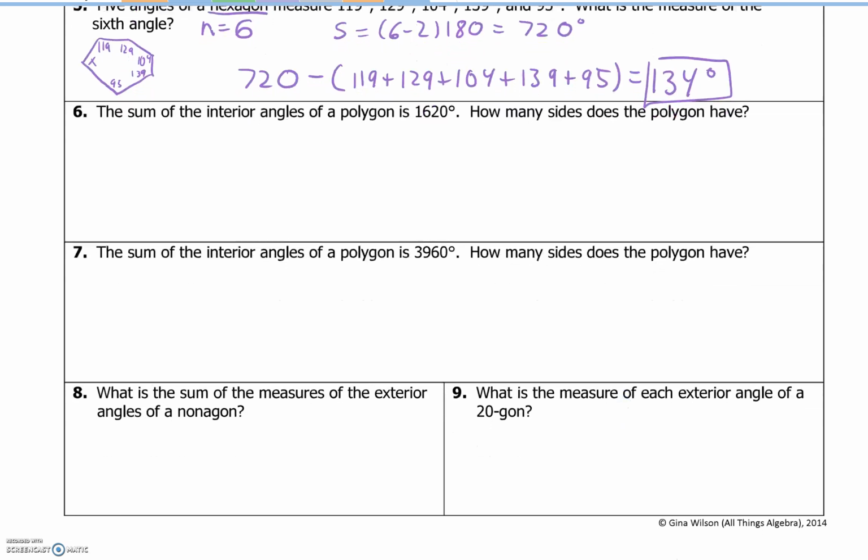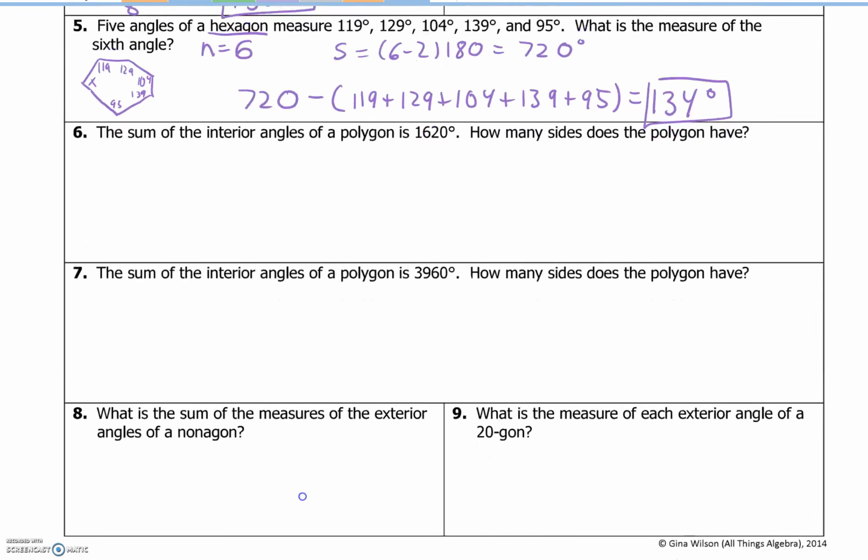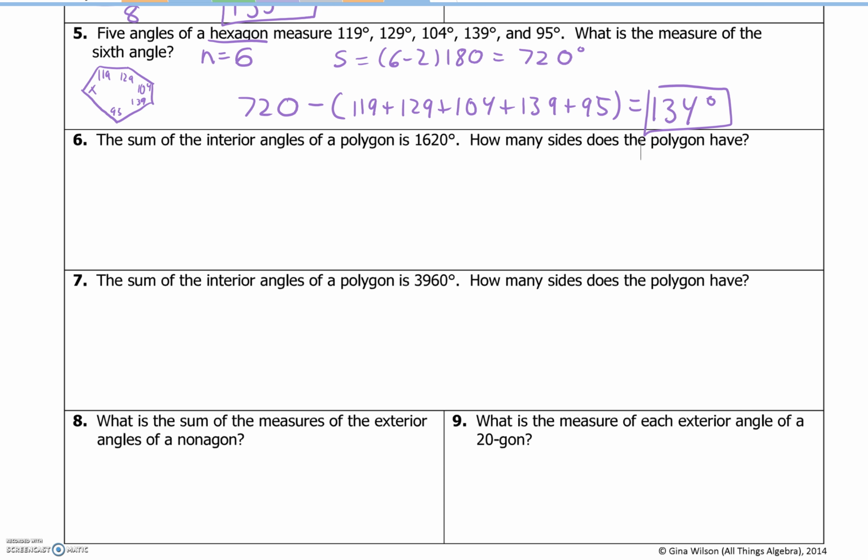All right, moving on, I'll do number 6 actually next. The sum of the interior angles of a polygon is 1,620. We have a formula for the sum of the interior angles of a polygon.